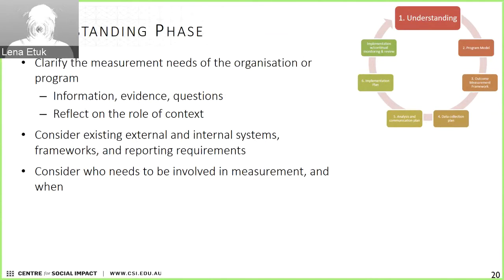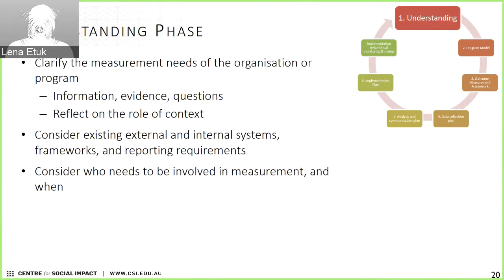Also at this phase, in this understanding phase, consider external and internal systems that you have for data collection, what frameworks may already be in place for measuring outcomes and impact, and think about what reporting requirements you already have from existing funders. Now, there may be additional information needs that your organization has outside of those typical reporting requirements.